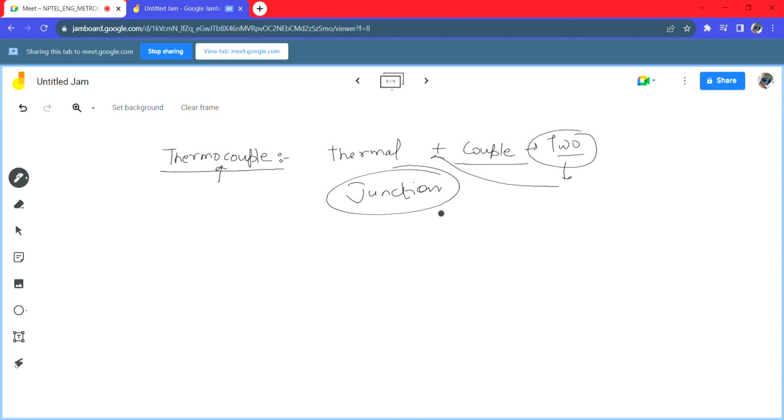So if you can see here what I'm trying to draw, this basically is a junction, and these are two different points, the hot point and the cold point.